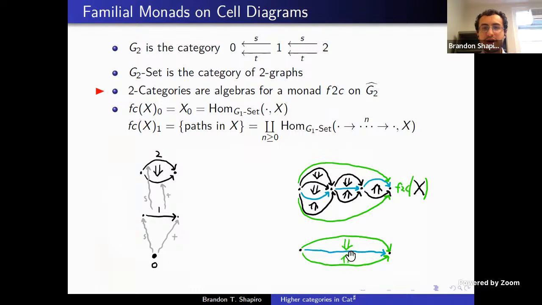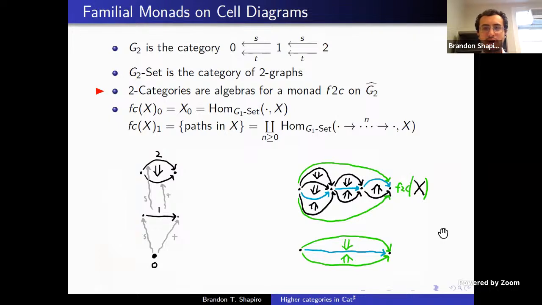And then this bottom one is this horizontal composite of these three upward pointing ones. And so, of course, in a more complicated two graph, we would get many more two cells. And indeed, we have more two cells here as well. You could horizontally compose this and this, this and this, vertically compose these two, etc. But the biggest ones are the ones that I've drawn in here.